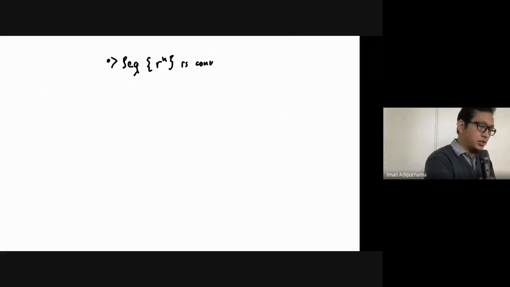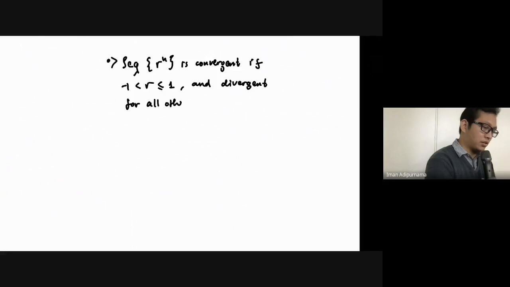The sequence r to the n is convergent if, and divergent for all other r values.